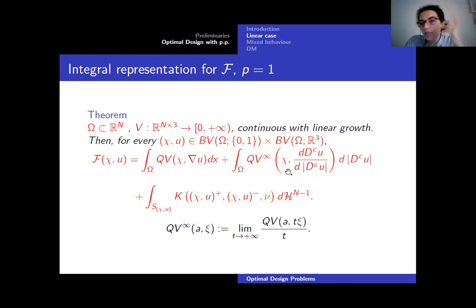And let me quickly also mention, okay, there is a typo, this is a lim sup. This QV infinity is the recession function of the quasi-convexification of V with respect to the second variable.